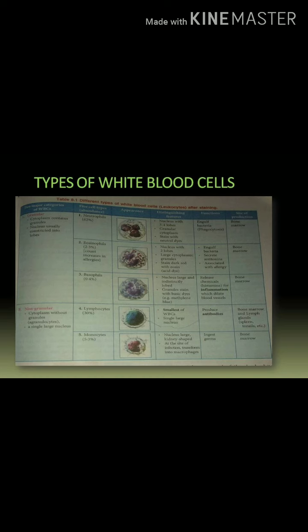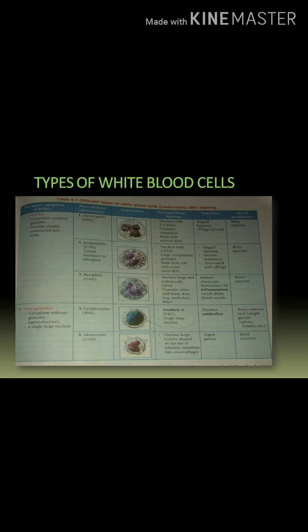Neutrophils' main function is to engulf bacteria, which is called phagocytosis. Eosinophils' main function is to engulf bacteria as well as secrete antitoxins associated with allergy. Basophils' main function is to release the chemical called histamine for inflammation, which dilates blood vessels. These three types of granular WBC are produced in the bone marrow.